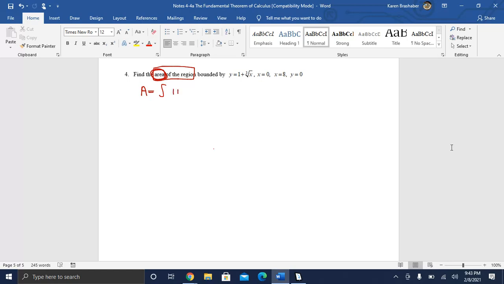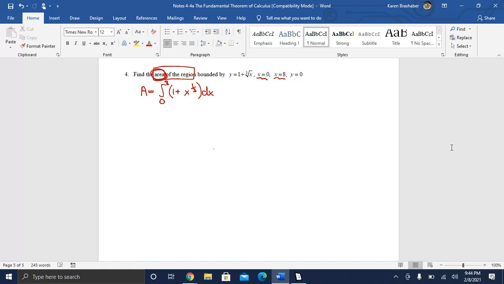1 plus, now your third root, you should just go ahead and rewrite that as x to the 1/3 power dx. And then you want to look for your limits of integration, which are x's. So notice that you have from x equals 0 to x equals 8. Those are your limits of integration.